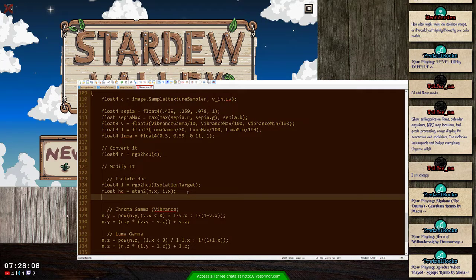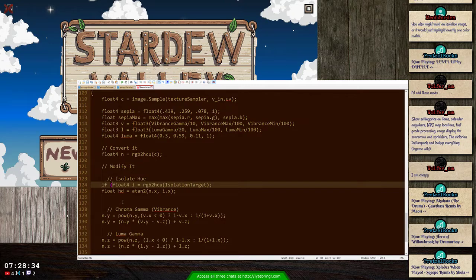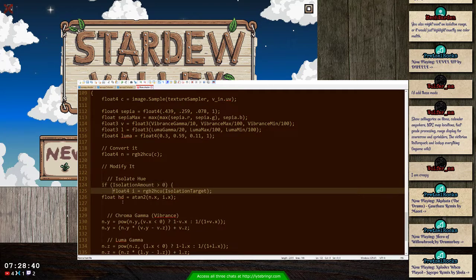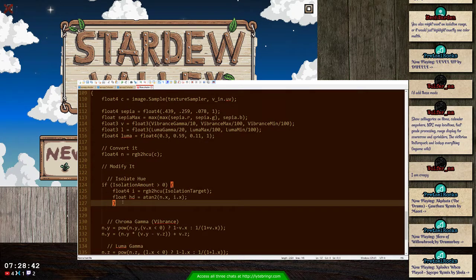And then, given this hue distance, we need to know how far away... No. We have this hue distance, then we need to see how much saturation loss we get given that distance. And so this whole thing is if the isolation amount is more than 0. Because if it's 0 or less, we do literally nothing.